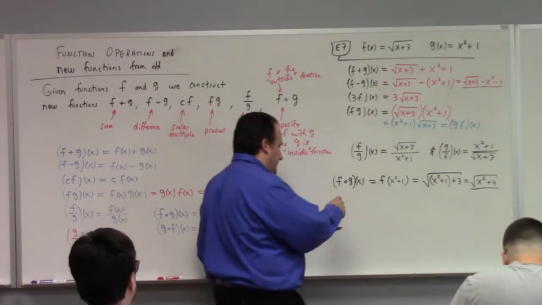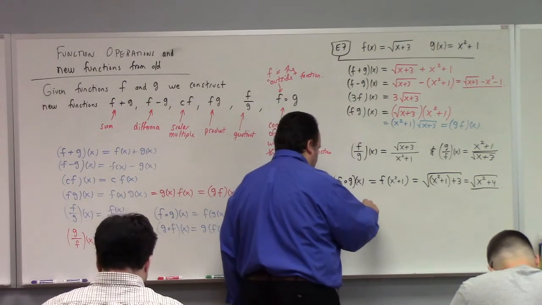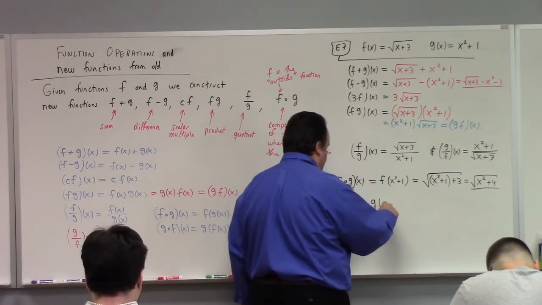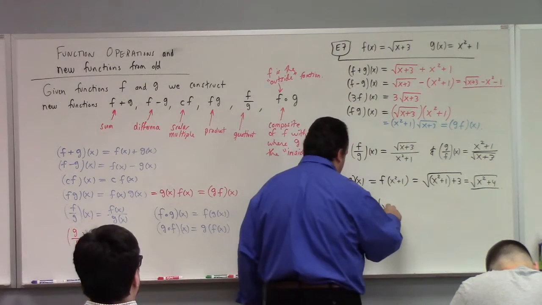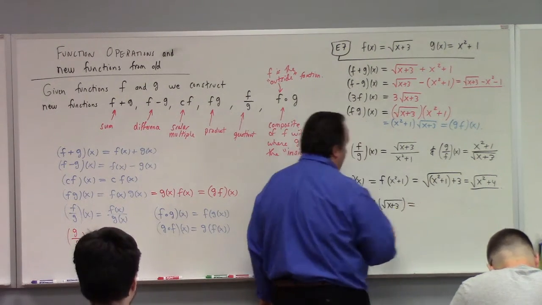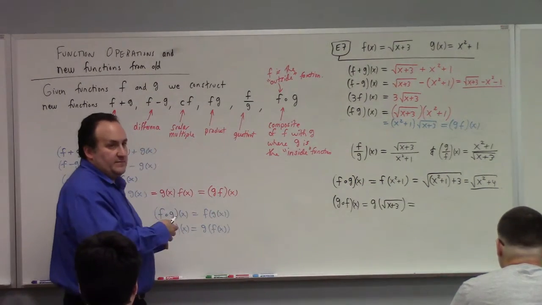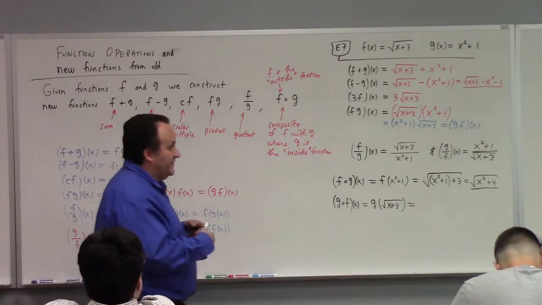In contrast, g composed with f of x is equal to g of, what's f of x? Well, square root of x plus 3, yeah? So I have to put the square root of x plus 3 in place of x in the formula for g, right?